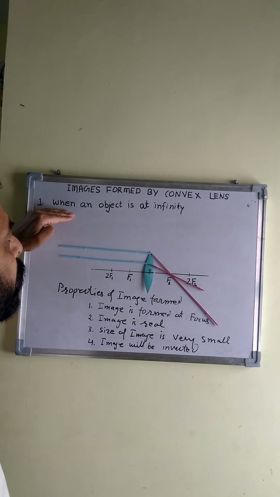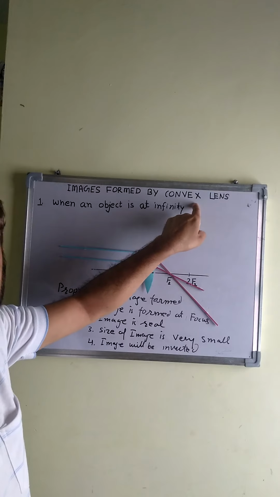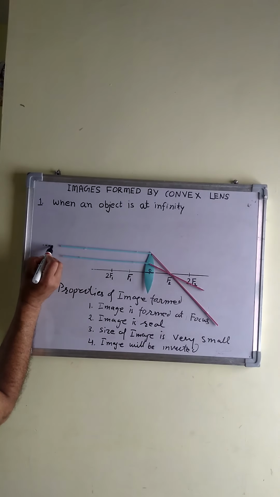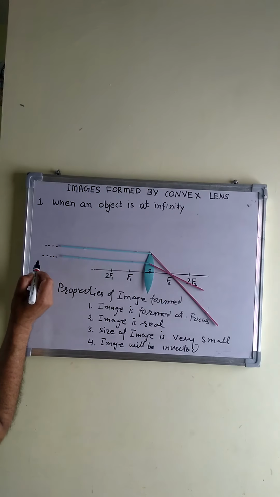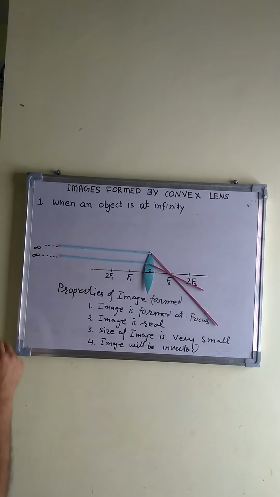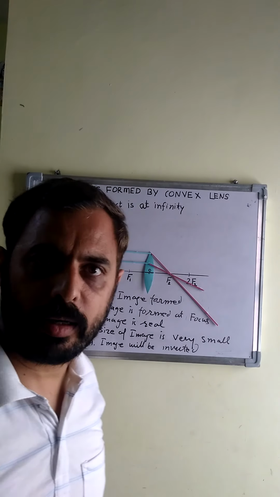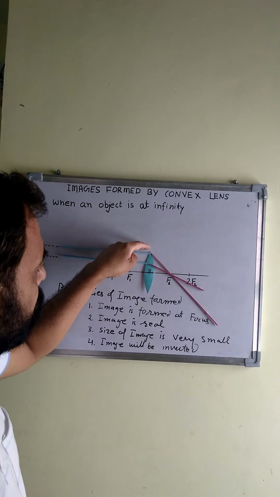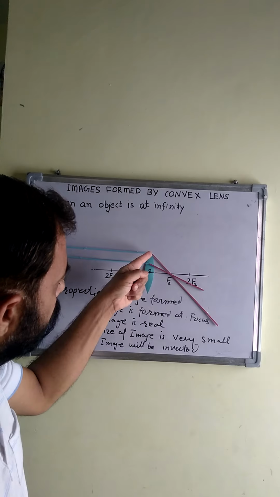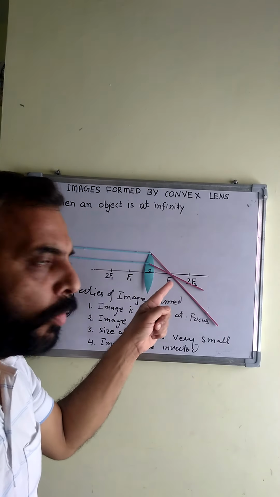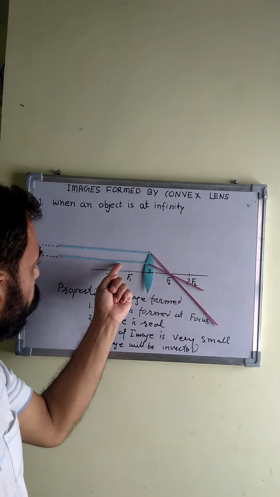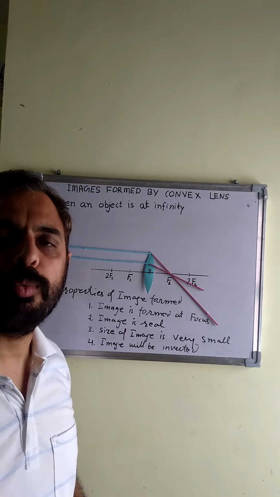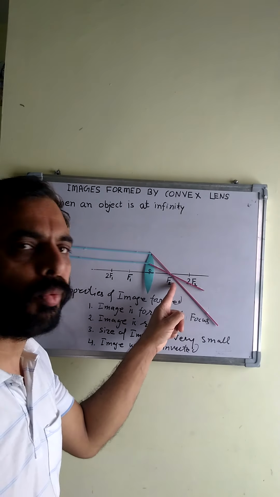Object is at infinity and images are formed by convex lens. When object is at infinity, all incident rays, because these are coming from infinity, all are nearly parallel to each other. So first incident ray parallel to principal axis, the emergent ray is passing through F2. Second incident ray is also parallel to principal axis and the second emergent ray is also passing through point F2.